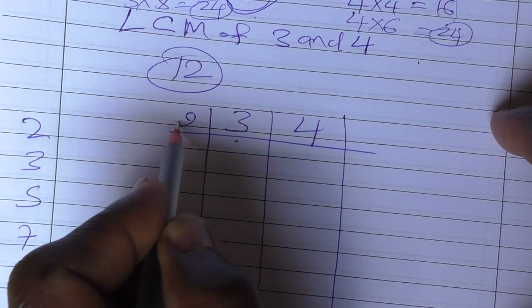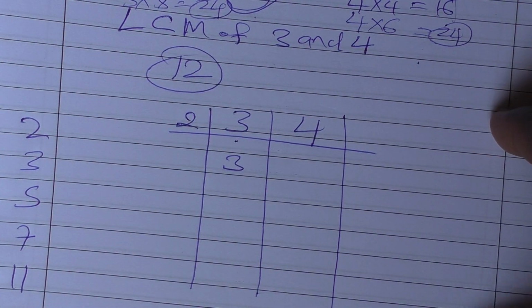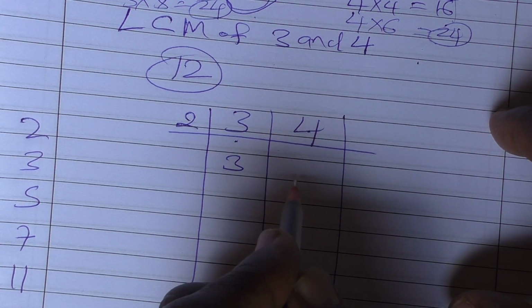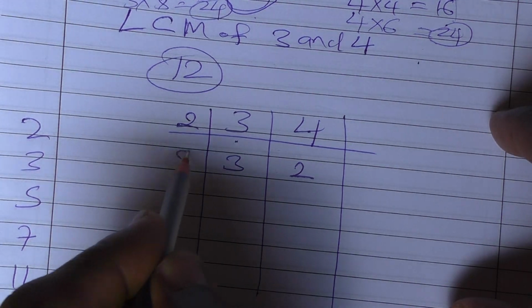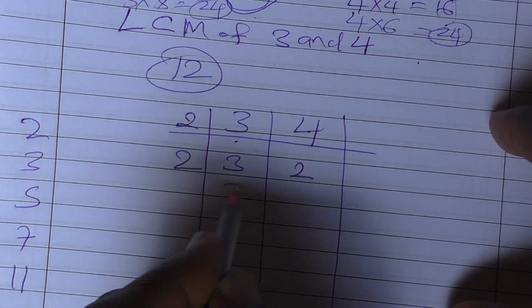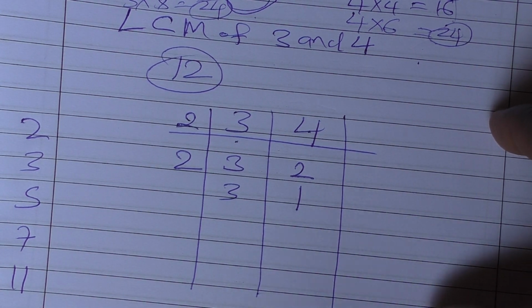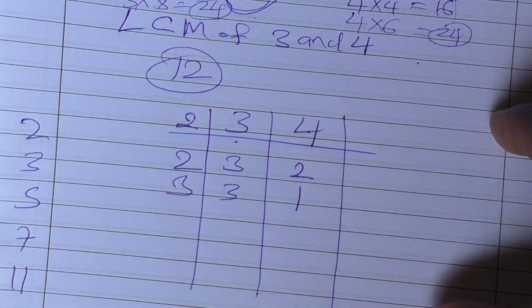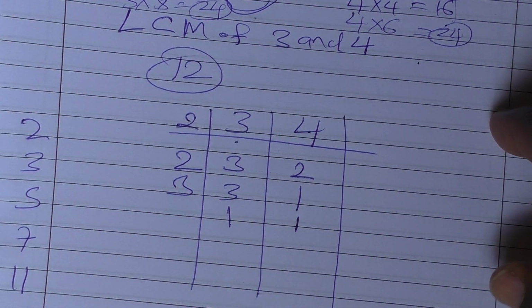Now, if we divide by 2, 3 cannot be divided, so it retains its position, and 4 is broken down to 2. Still by 2 we shall get 3 and 1. So 4 has been decomposed fully to 1. Then 3 can also go by 3 to give us 1, and we already have 1 there.